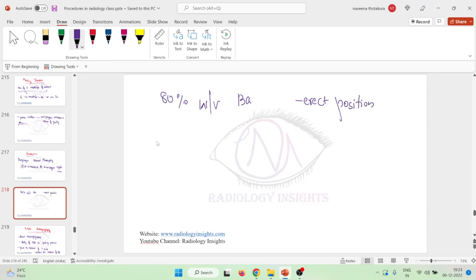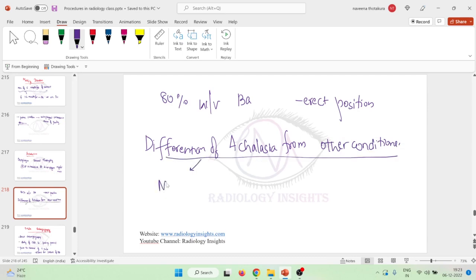Now, achalasia can be differentiated from other motility disorders in two ways.